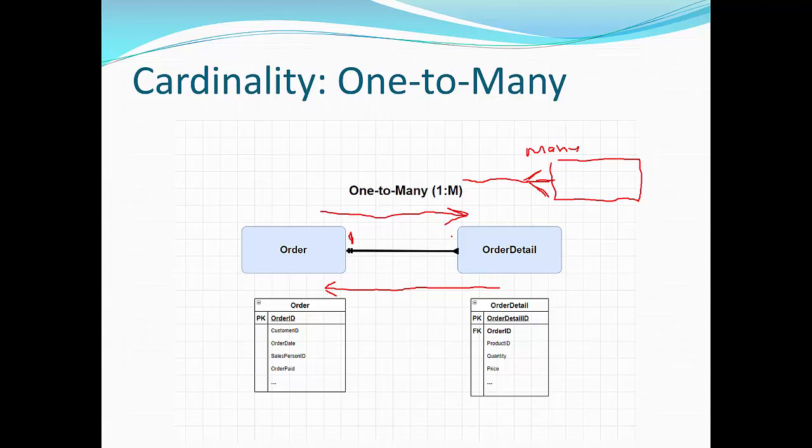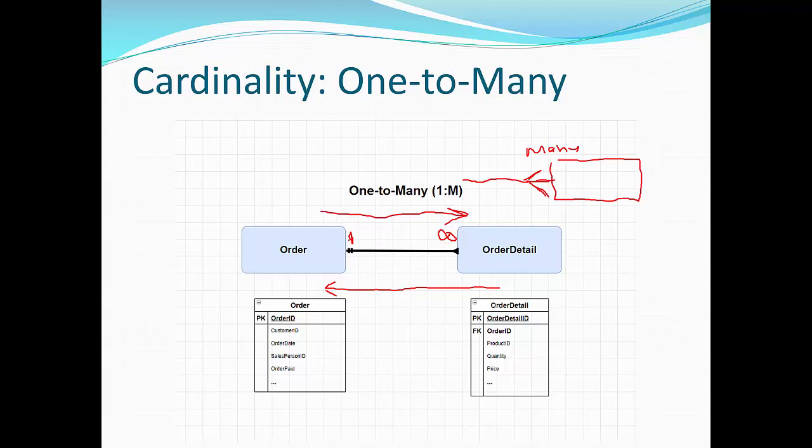All right, so if something is greater than one in the world of cardinality, we say it's many. So one order can contain more than one order detail, and I won't say more than one again. I'm going to now start saying many, but I just wanted us to be comfortable with knowing that anything that is greater than one is many.